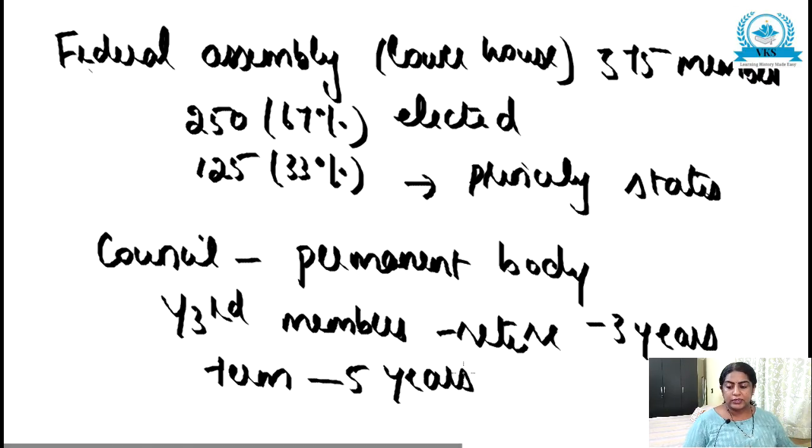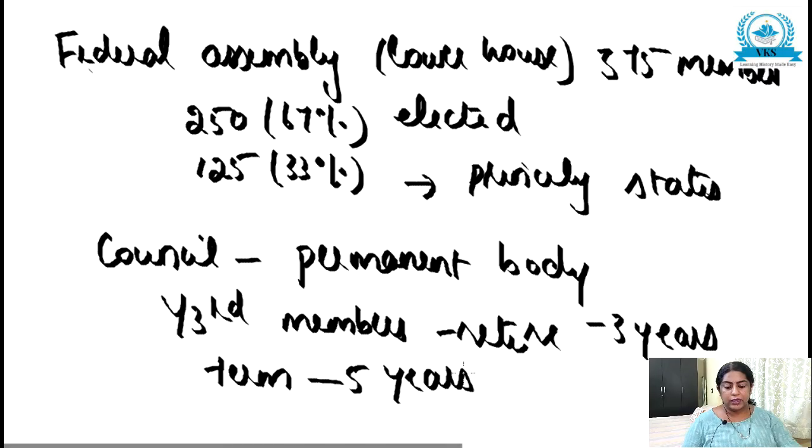So Federal Assembly lower house, Council of States upper house. Council of States consisted of 260 members and the Federal Assembly consisted of 375 members. The council was a permanent body and one-third of its members retire after 3 years and the term was 5 years.